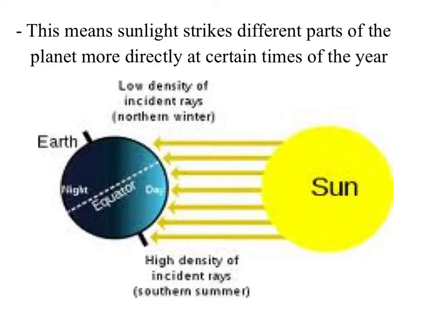So for instance, right now you can see the Earth's axis, and again this is very much not drawn to scale. The Earth's axis is like this.